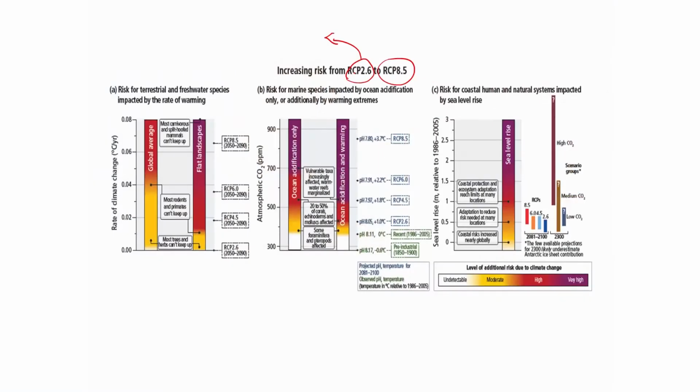But the main thing to remember is this is an attempt to keep the total warming to below 2 degrees centigrade with respect to the industrial revolution.